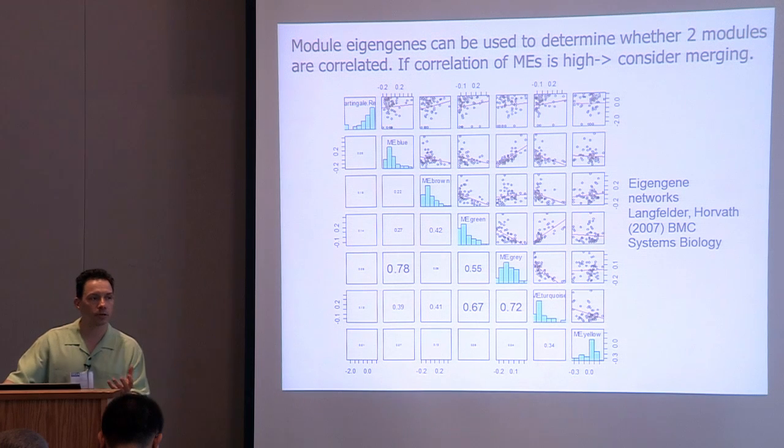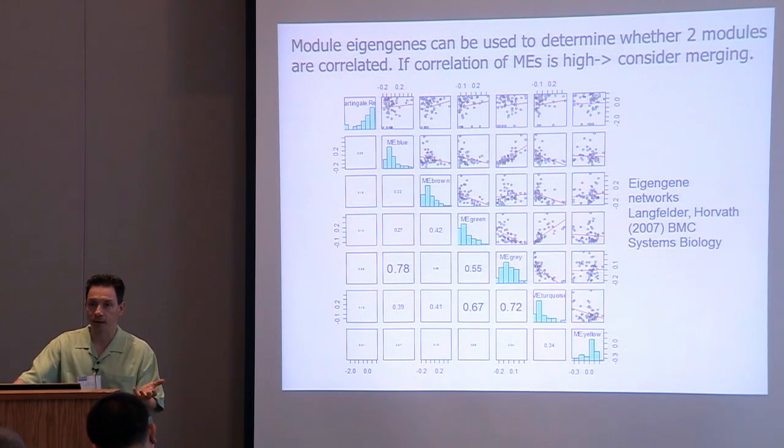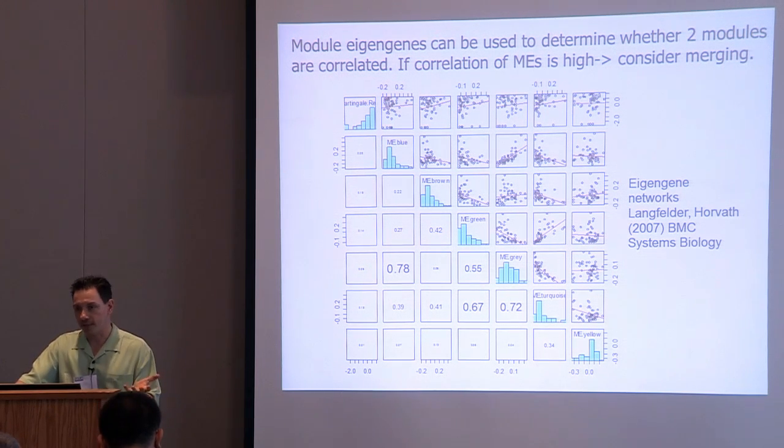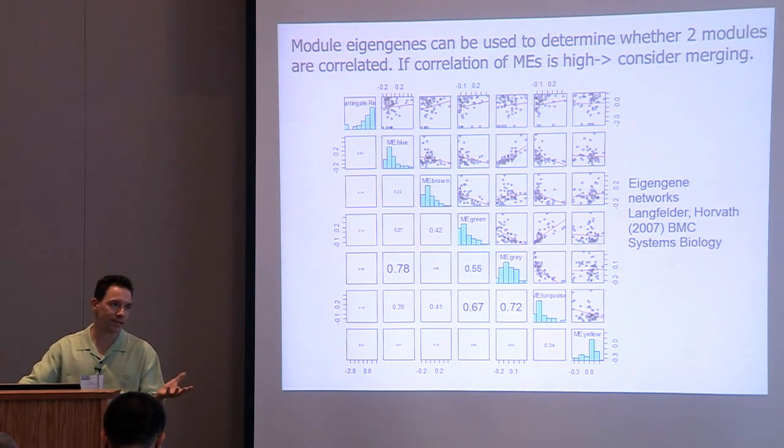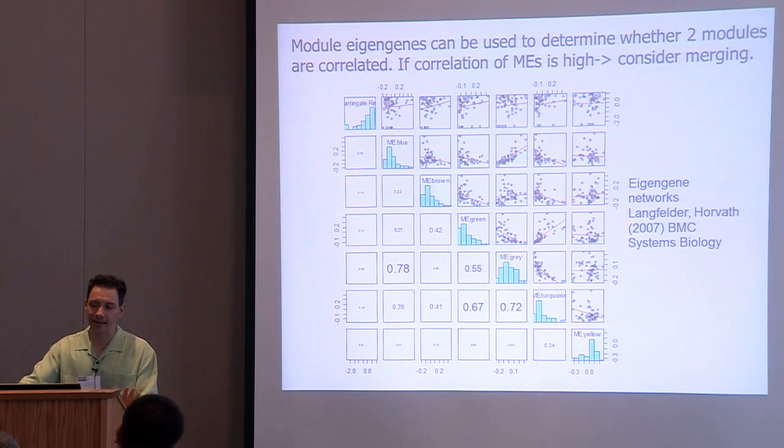Why? Because the module eigengene is a weighted average. Whether you use 500 genes to calculate the weighted average, or 200 genes, or 1,000 genes, the weighted average barely changes. And that is the really good news. As long as you focus on module eigengenes, you have a very robust analysis.